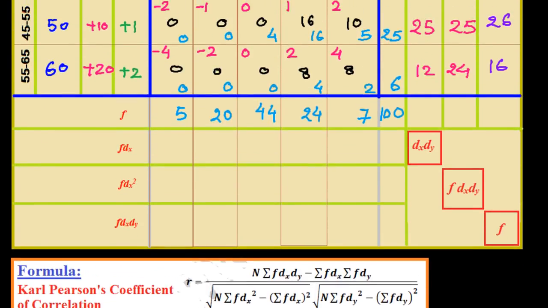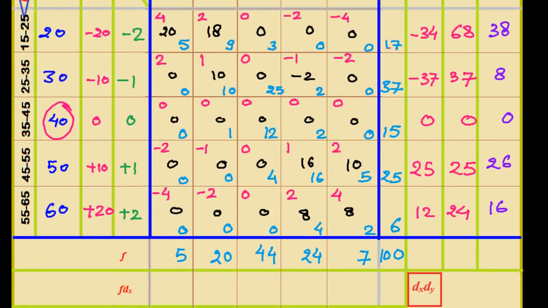Now here we see f dx we have to take. So f dx we have to take of this column, f into dx.